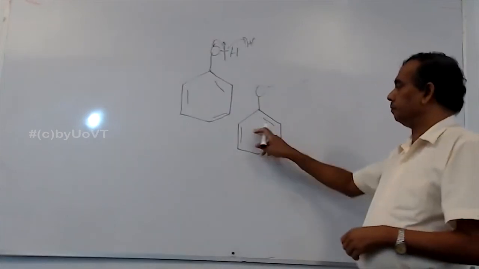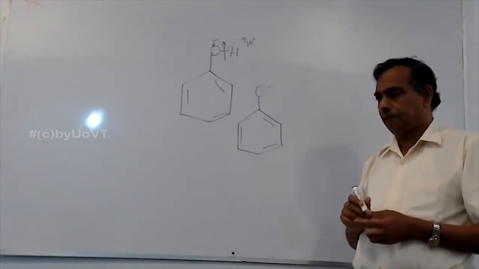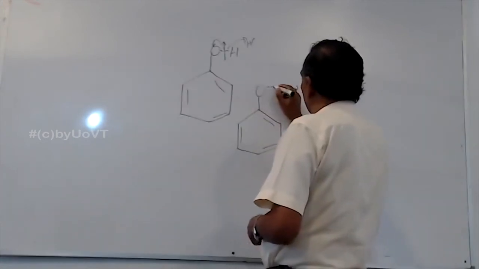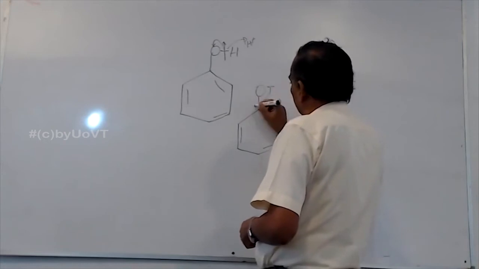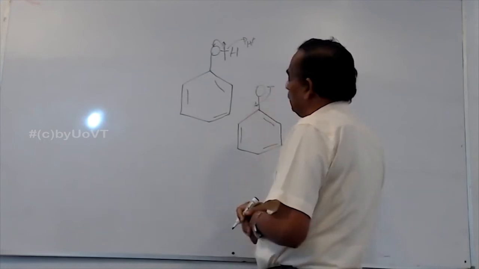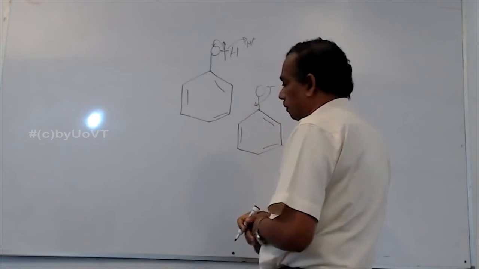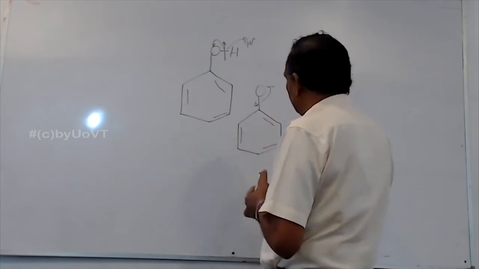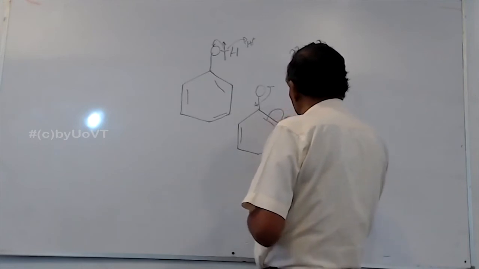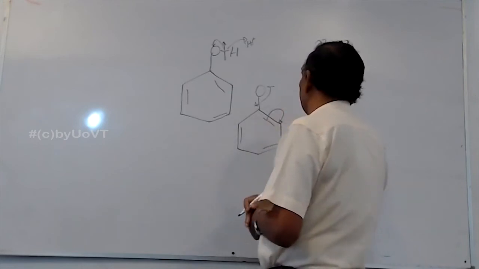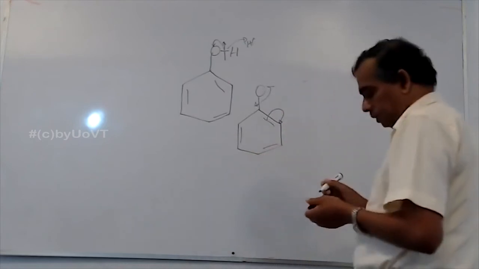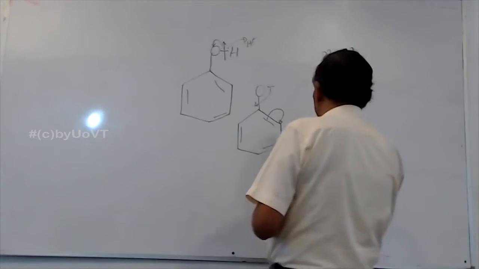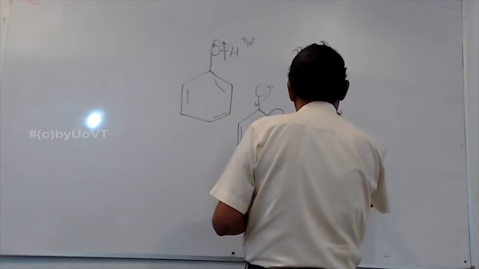Then, in the next step, this negative charge electron comes toward the C-O bond. When it comes to the C-O bond, the bond should break and give the electrons to the ring positions. The next structure is like this.